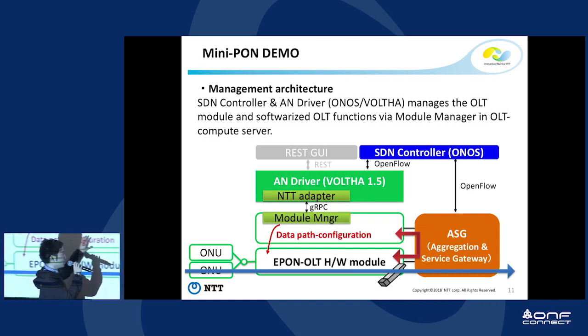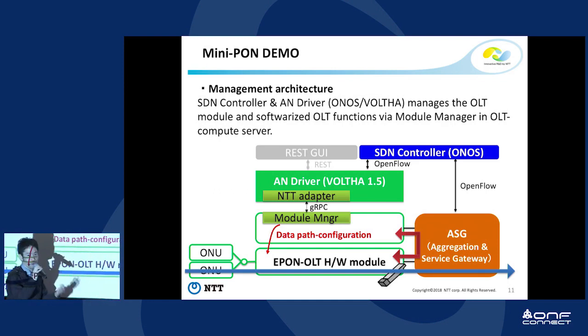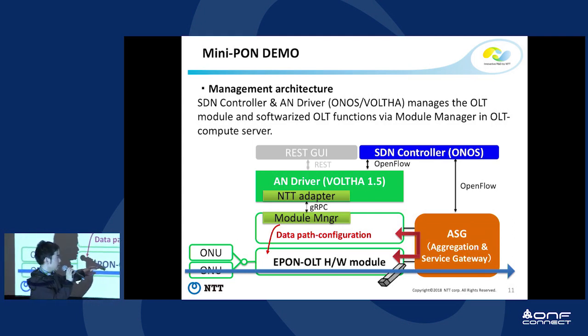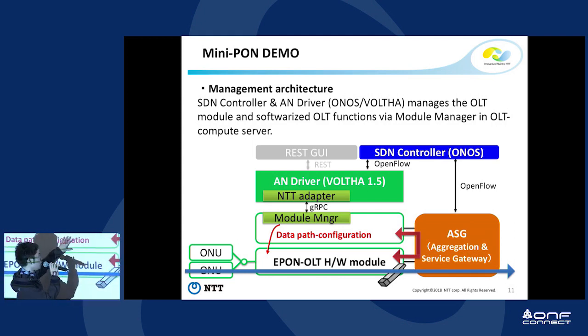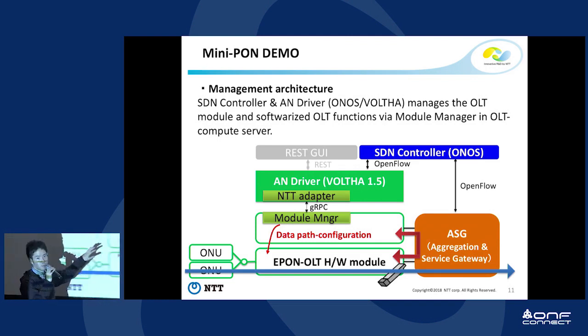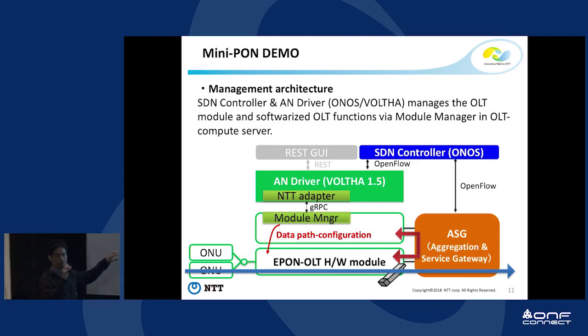This compute server is only for controlling functions such as DBA functions or OAM functions. So the data packet doesn't enter this compute server. Does it make sense? Does this answer your question in the right way? Okay.